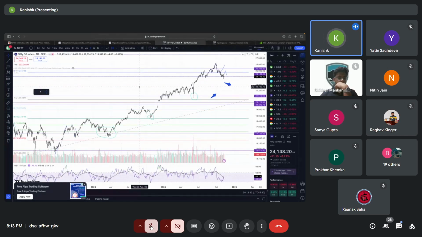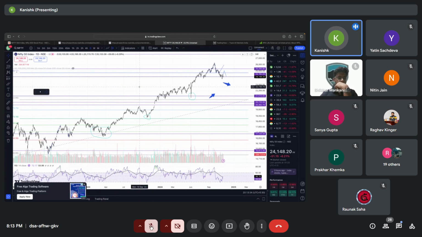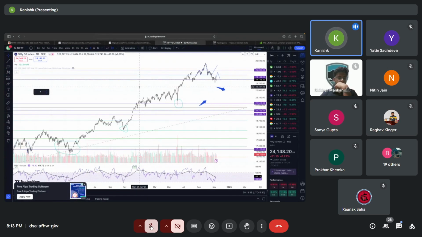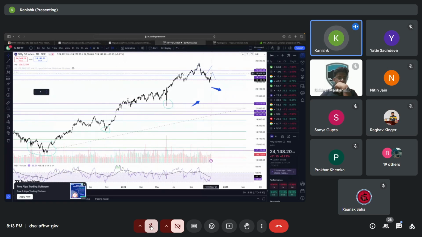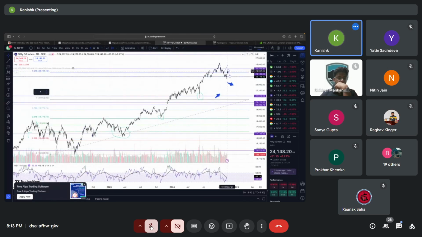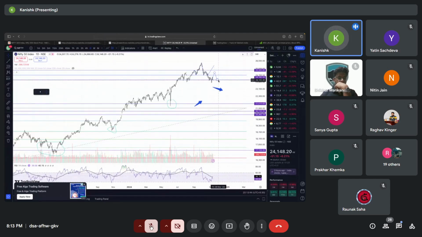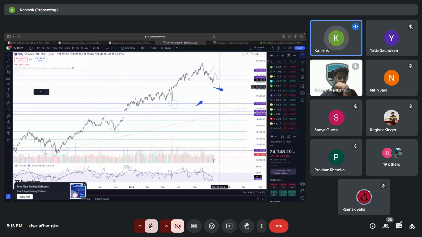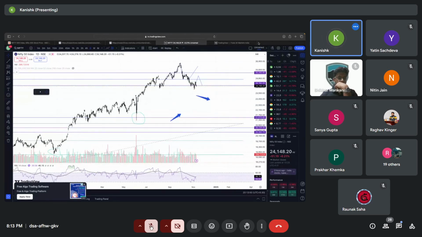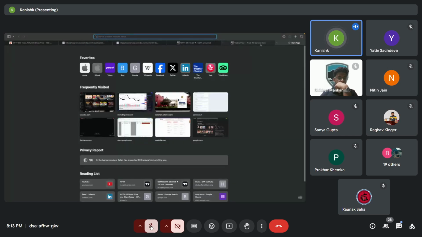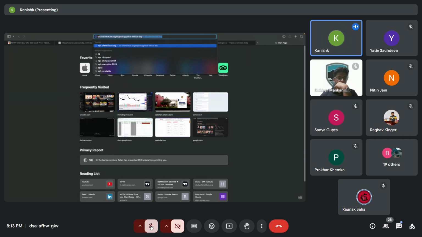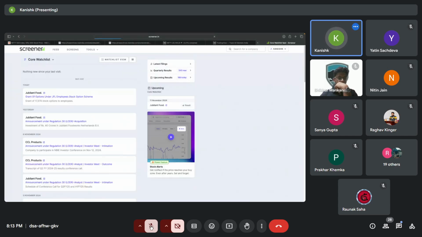I'm not predicting a crash, but according to my conviction, this can happen if it fails to cross this level. If it crosses this level, then we can see a new bull trend. But if it fails to do so and this breakdown happens, then this can be a risk. The same thing is happening on ONGC right now. And now let's check the fundamentals too. If technicals are bound to fail, then we can look at the fundamentals.